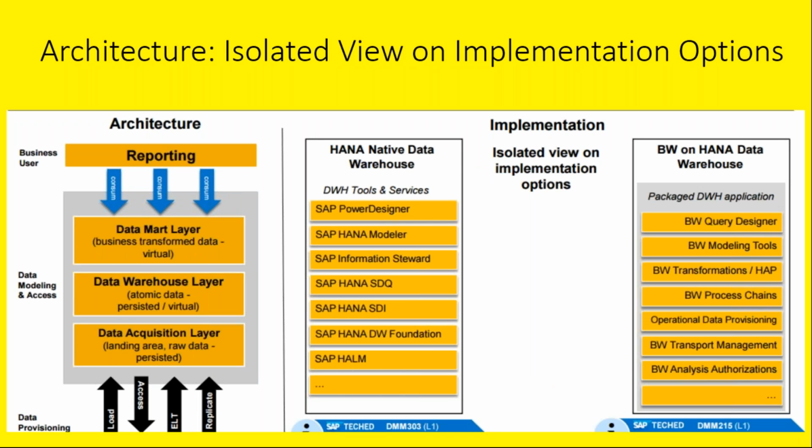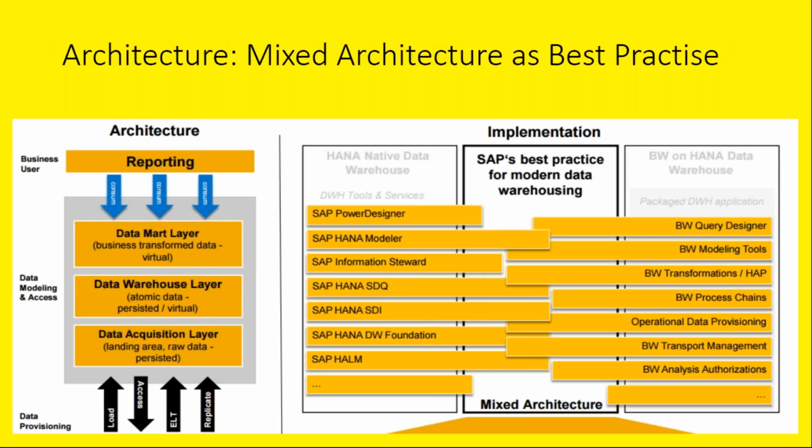On one side we have the BW scenario where we work on the core part of BW. On the other side we have the objects that we can design only on the HANA side, or native HANA side. Now we're trying to bring both of these together and use the best features from both, integrated. So you have something called a mixed architecture and a mixed scenario.